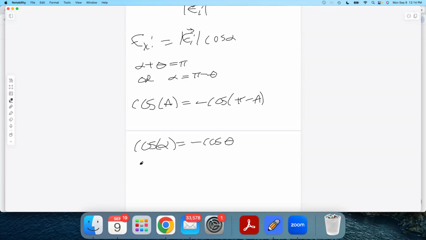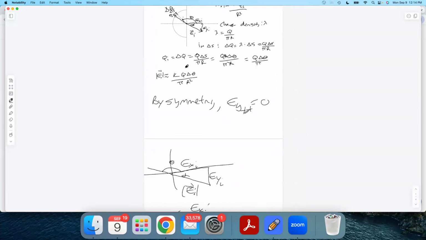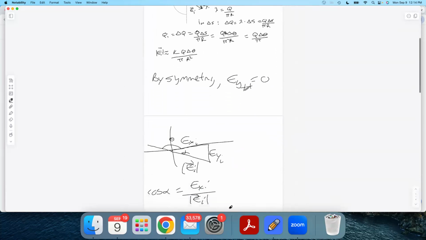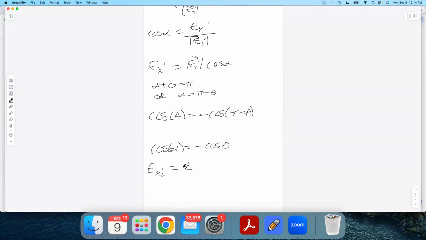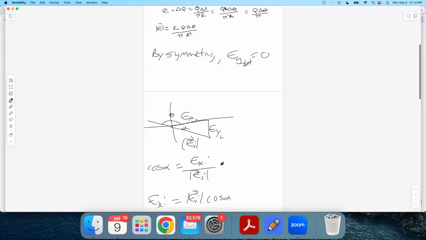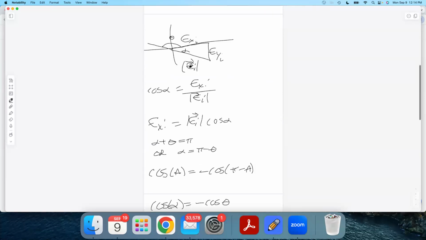So now we can put that together and say E_xi, the ith contribution to the electric field in the x direction, is K, just putting all this together. So I need magnitude times cosine of alpha, but cosine of alpha is negative cosine theta. So I'll go ahead and put that negative in here. I get Q delta theta over pi r squared.